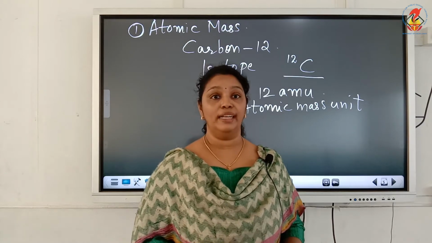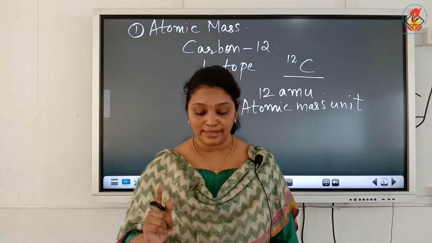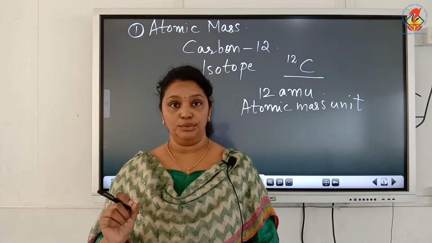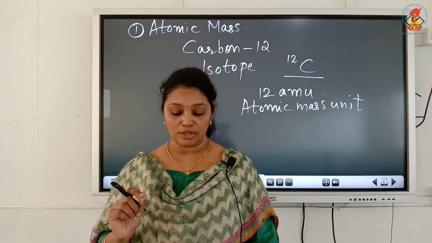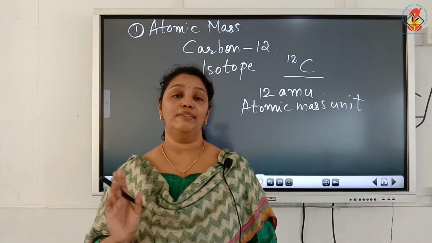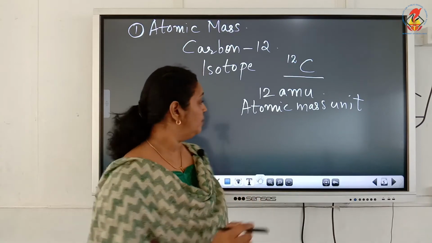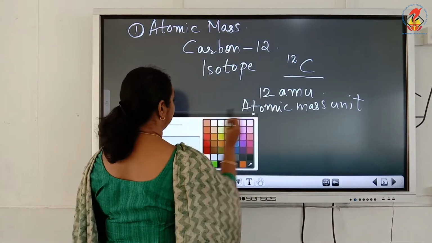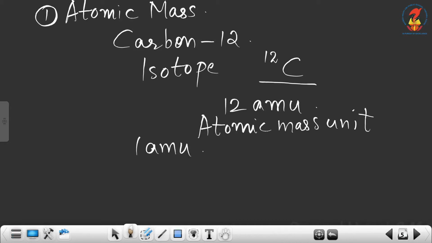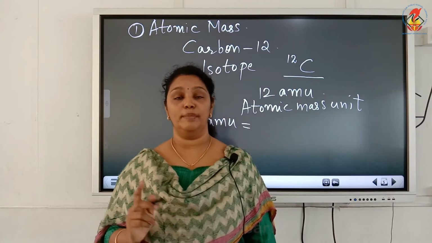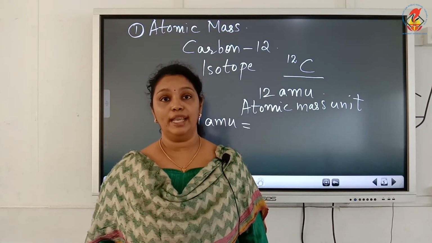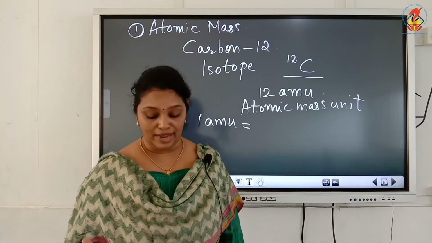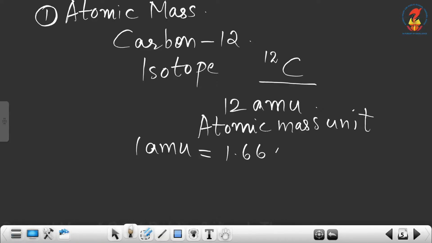Now we can define 1 AMU as the mass equal to 1/12 the mass of one carbon-12 atom. And 1 AMU, when you calculate, we get the value as 1.66 into 10 raised to minus 24 gram.